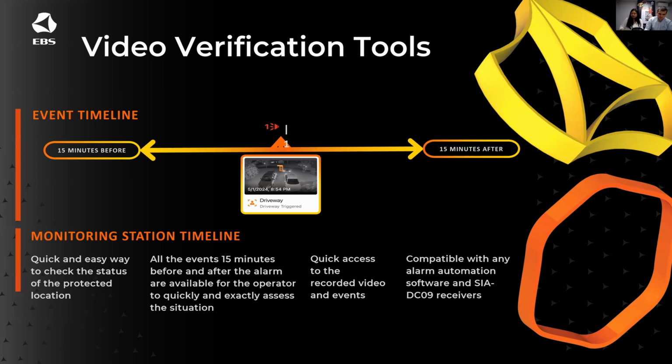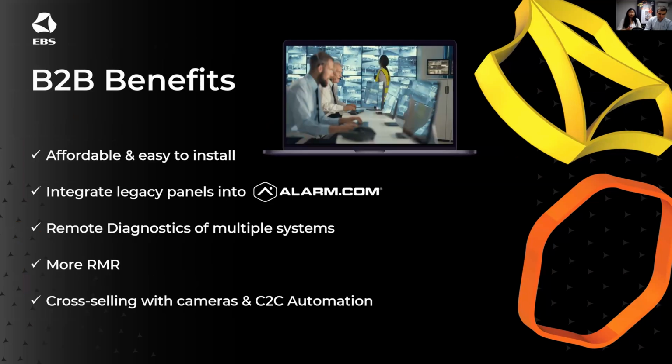Okay, so for the next one, I would like to share with you some of the B2B, or business-to-business, benefits. So that's between you and us, what you get with using the Alarm.com and EBS solution, the USP solution, Universal Security Platform. First of all, it's very affordable and easy to install.